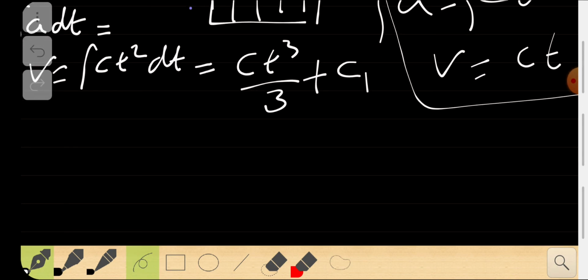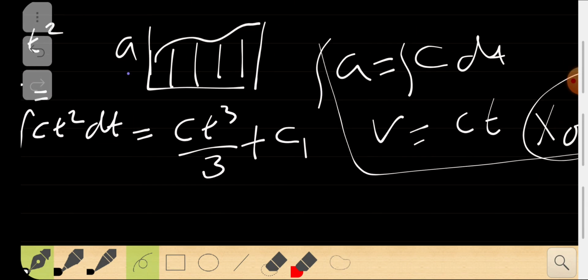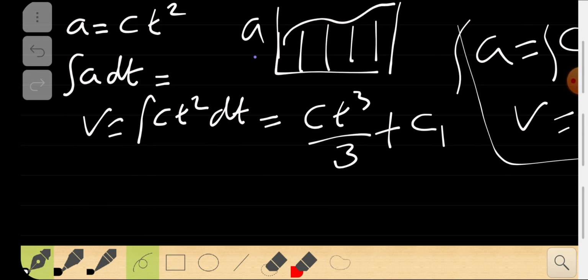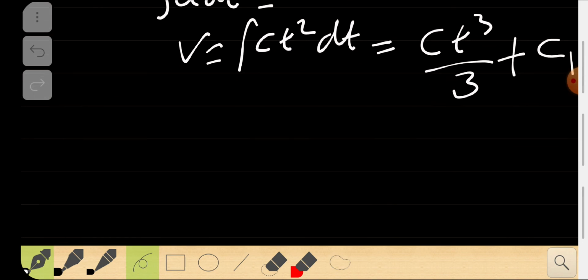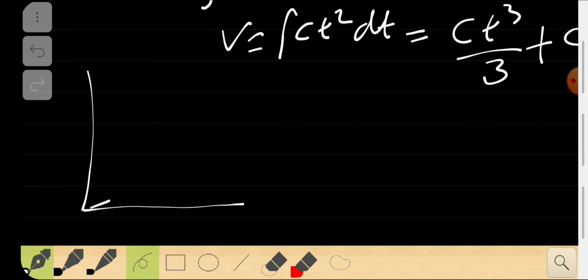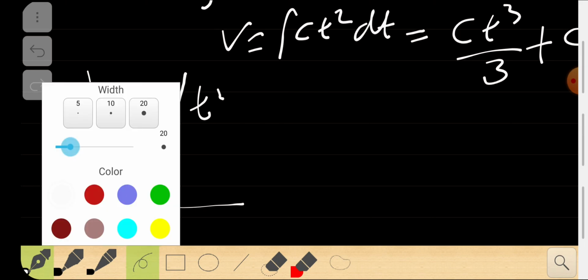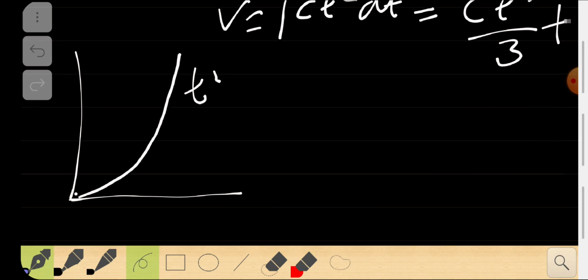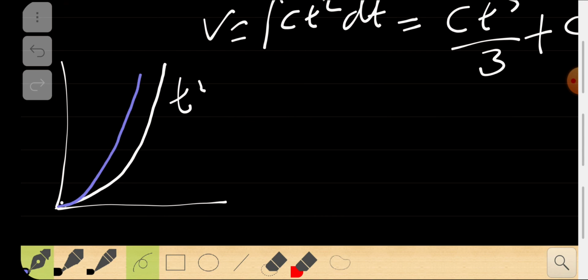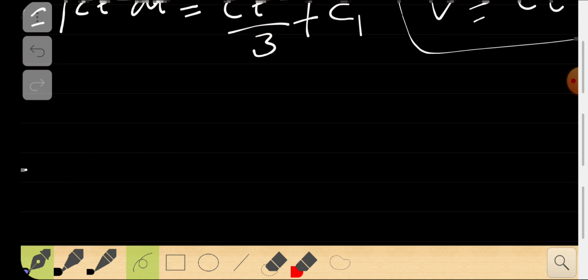So this is actually the velocity equation, which is a power of t cube, while a had a power of t square. Now v has a new power, which is steeper and more climbing than a.